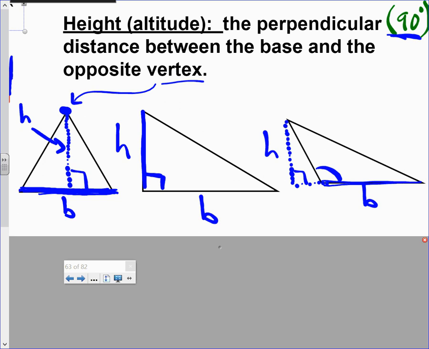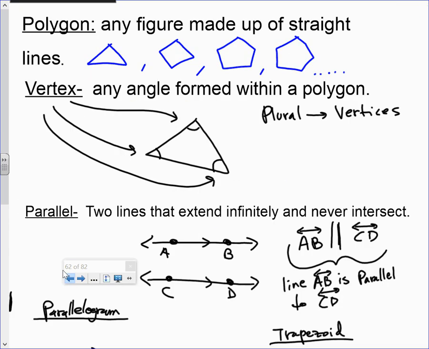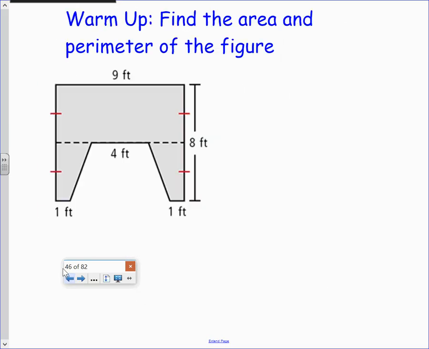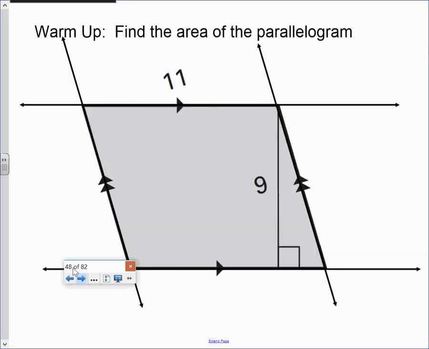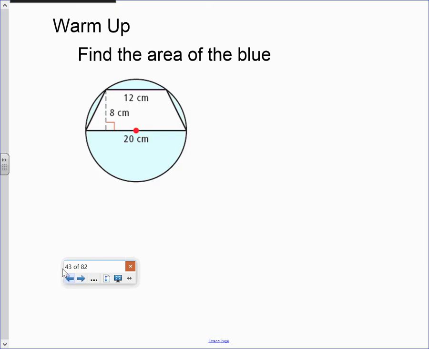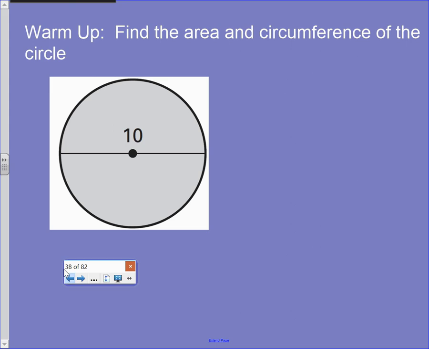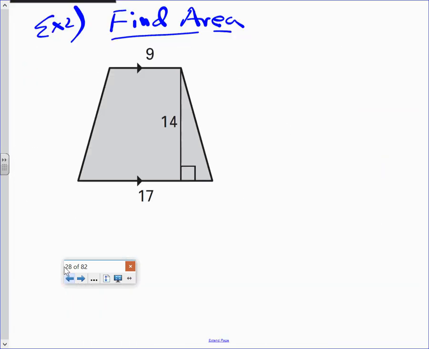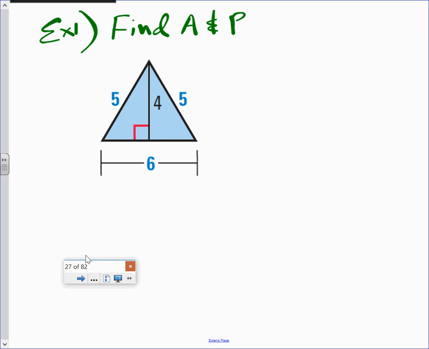Let's try example 1 now, with that in mind. You have your formula sheet I just gave you. Example 1 for today. Go ahead and put example 1.